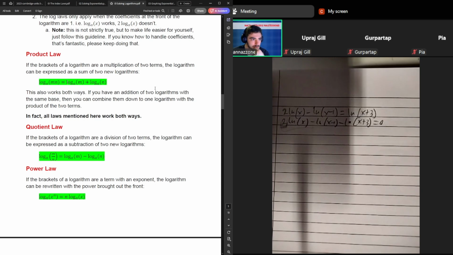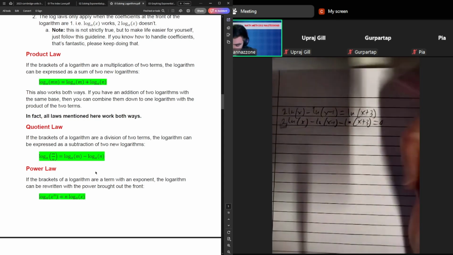Now, you can handle it if there is a coefficient there. It's just easier to get rid of it. And the way you, quote, get rid of it is to use the power law first. So you take the coefficient and bring it in as a power to begin with.